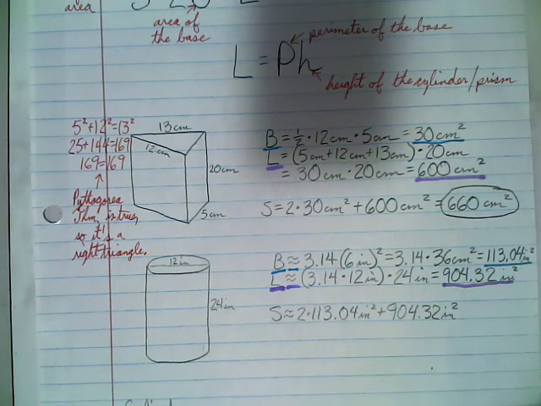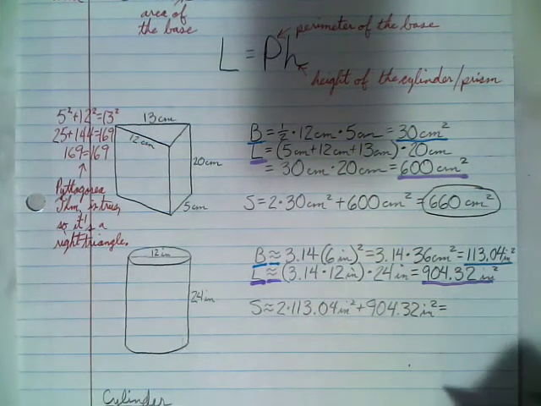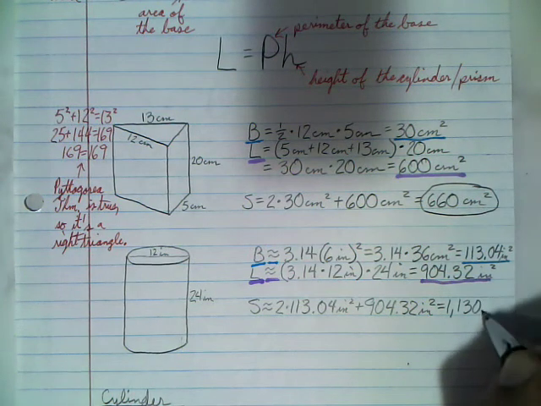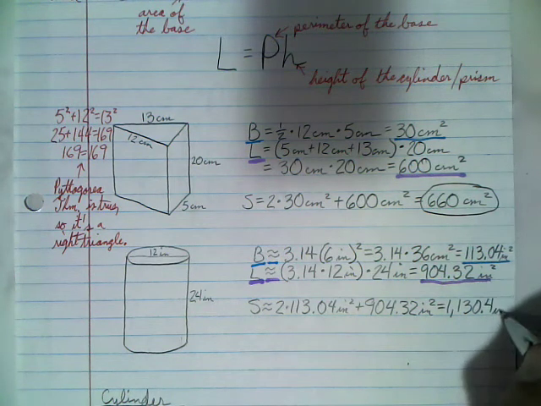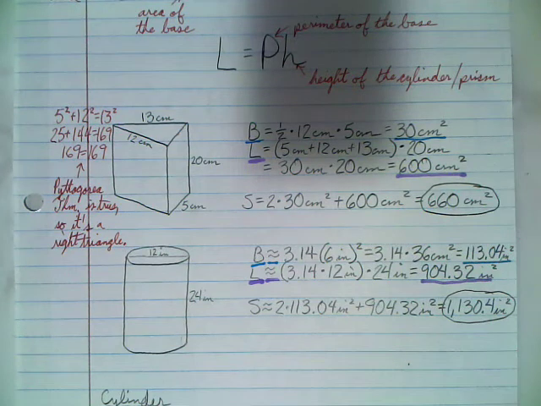Now I would recommend just throwing that in a calculator. If you throw it in that order, your calculator will follow the order of operations for you. And so if we do that all, we end up with 1,130.4 square inches.